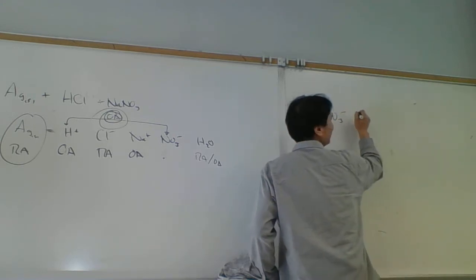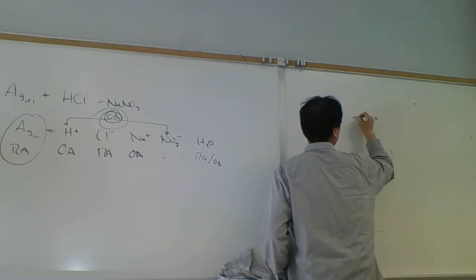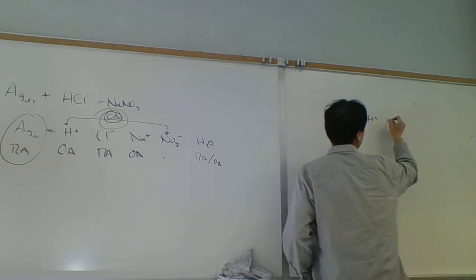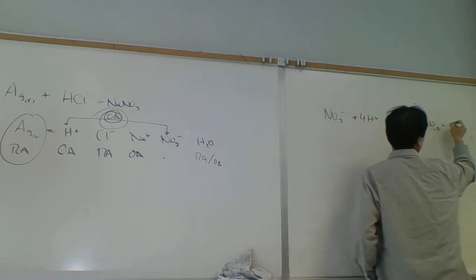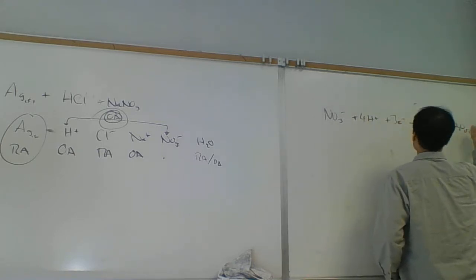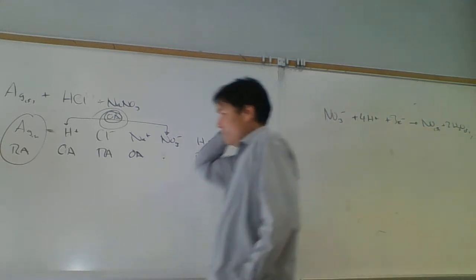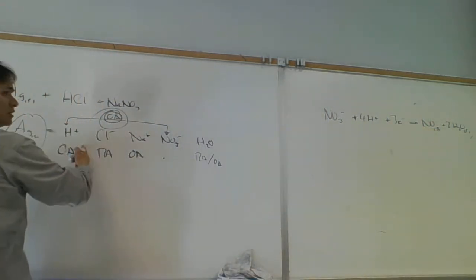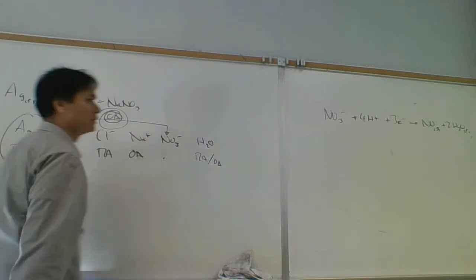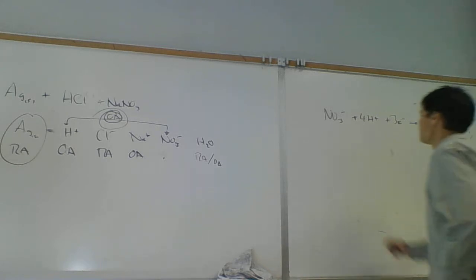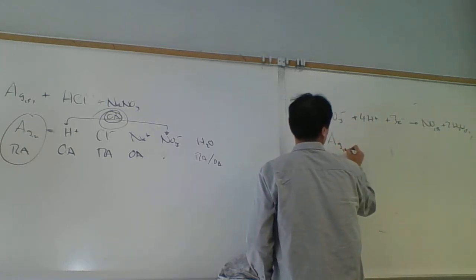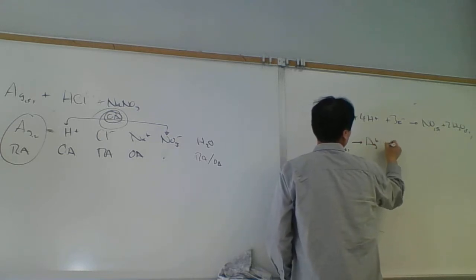Nitrate plus 4H+ plus 3 electrons yields NO gas plus 2 H2O liquids. And that's nitrate, and then silver. If I look at silver, I'm going to have to reverse this one, because silver here is the product. We want to make silver the reactant and move these to the product. I'm just going to flip it. So silver solid goes to silver ion plus an electron.